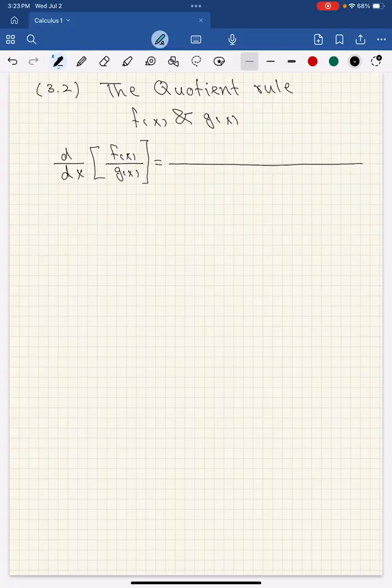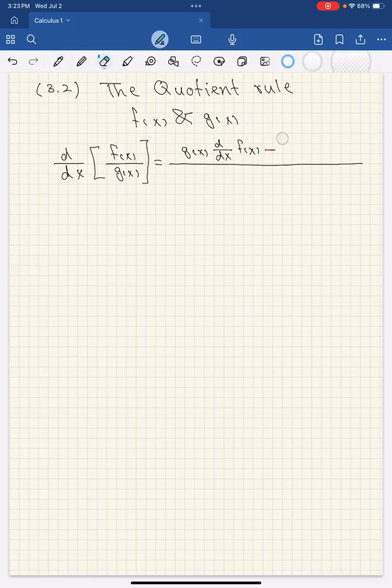What we do, we write the function that's in the bottom, g of x. Then we multiply this function with the derivative of the top function or numerator, d dx of f of x. Then the sign in between, always minus.